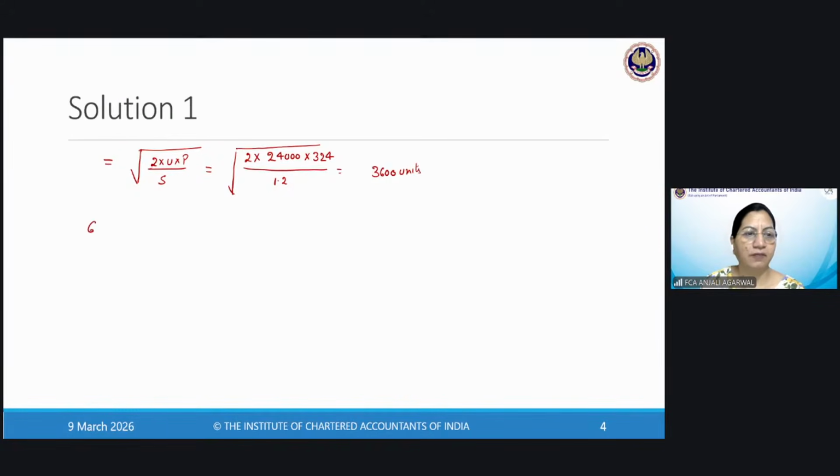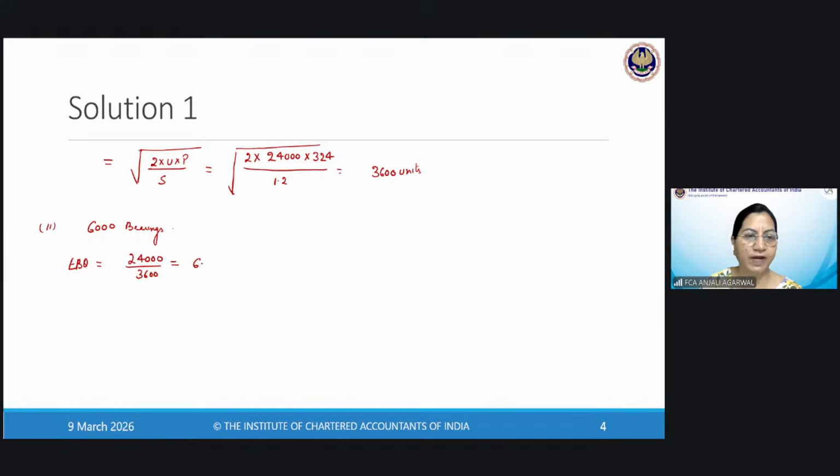Now, the second part says, if we order or make 6,000 bearings in one go, what is the difference? First, if you are following the EBQ or EOQ, you are ordering or manufacturing 3,600 units per run. So this gives you the number of orders, 24,000 divided by 3,600.